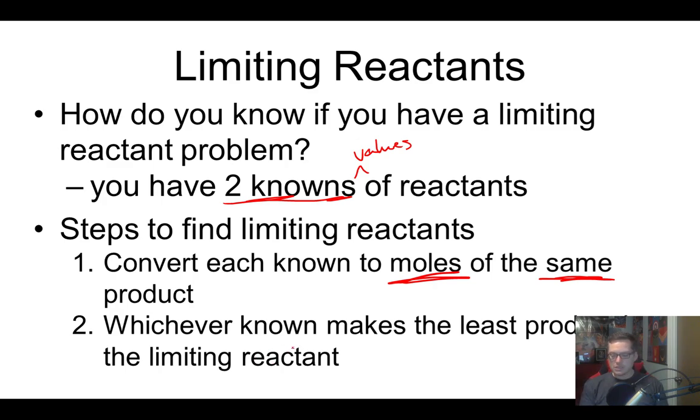In the case of our sandwich situation, we took each of the 3 ingredients and converted them to the same product, which was sandwiches, our only product. We converted all 3 to those, and then we figured out which one made the fewest sandwiches, and that was our limiting reactant. Not too bad.